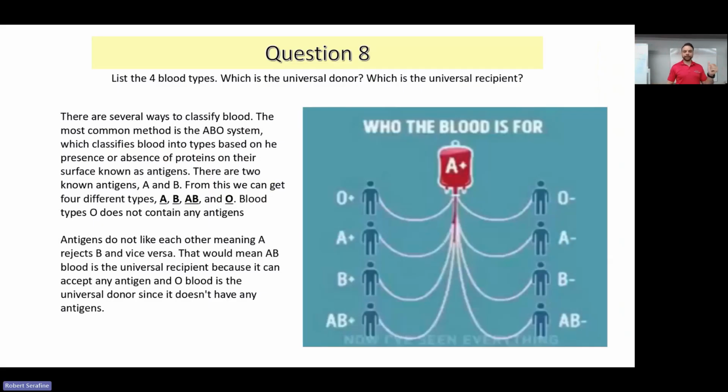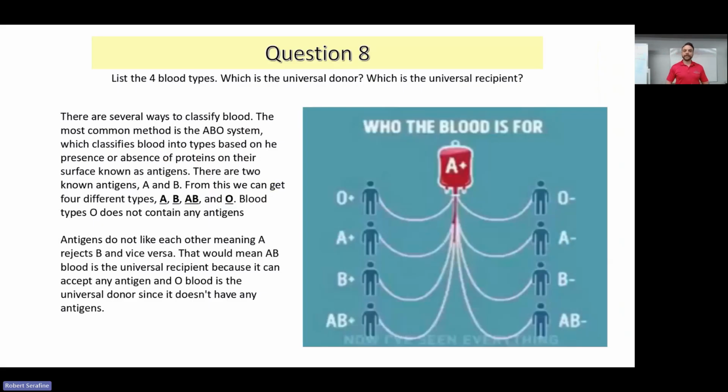So if A doesn't like B and B doesn't like A, we cannot give type A blood to a B type, and especially an O. But if we gave A blood to an AB person, then they can receive that. So type O and type AB are our universal donors and universal recipients.